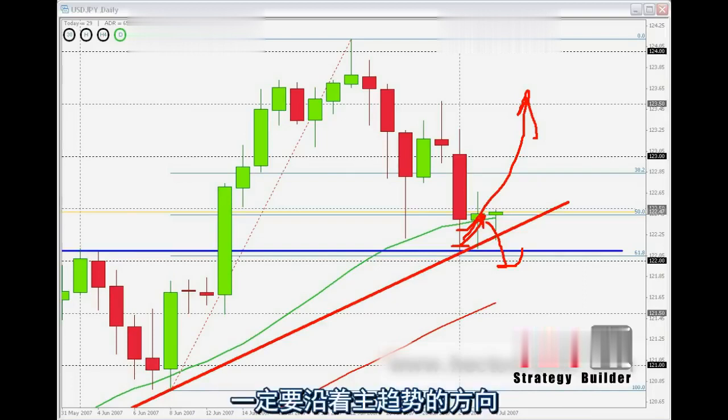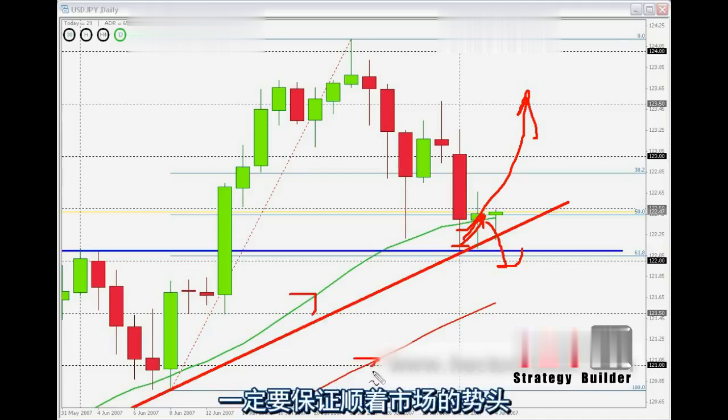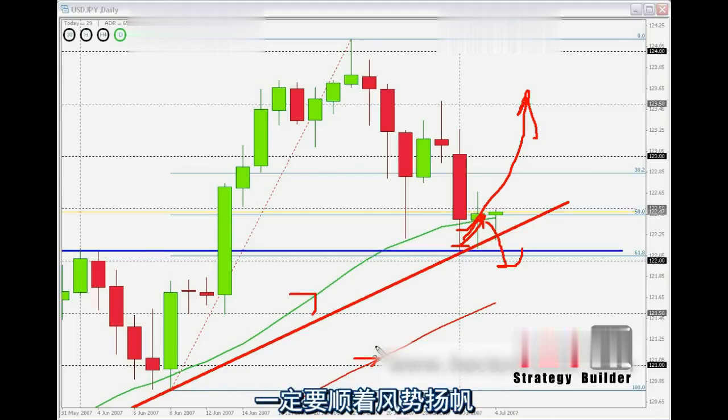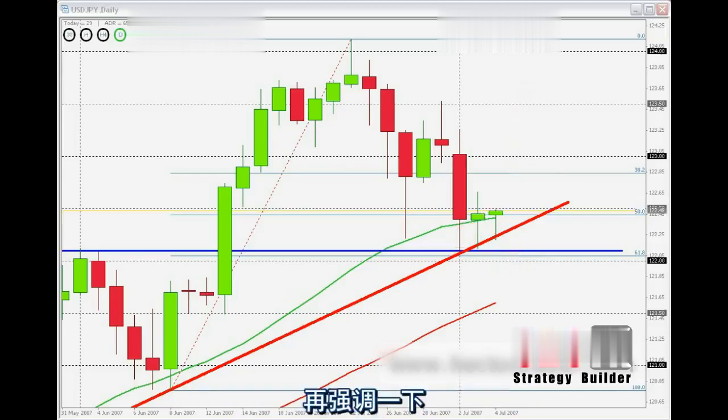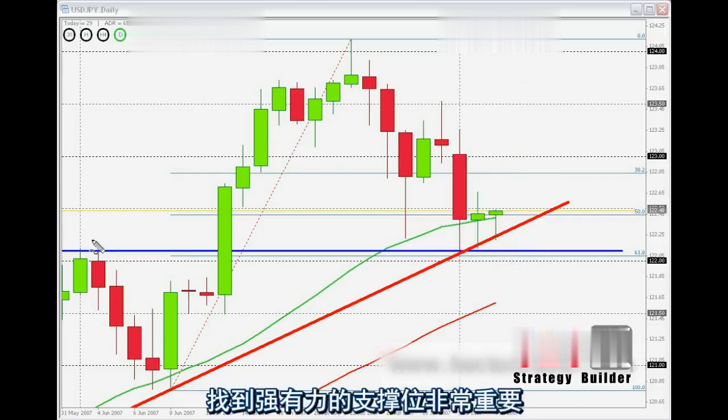that's the idea. All right, always in the direction of the trend, guys. It's important. You must have the market inertia on your back. You must have the wind blowing on your back, pushing you in the direction of the trend. All right, so once again, it's crucial to spot a strong level of support.